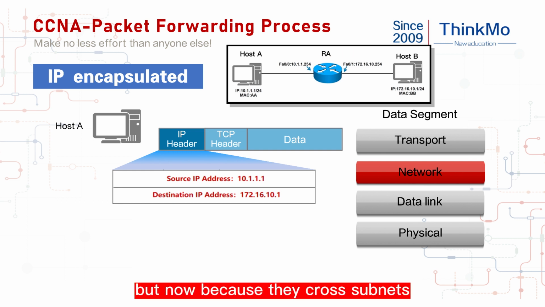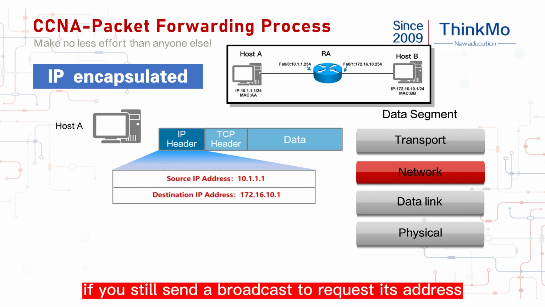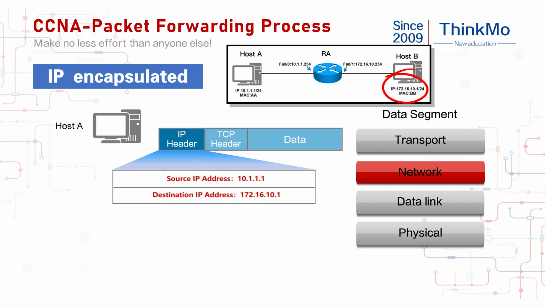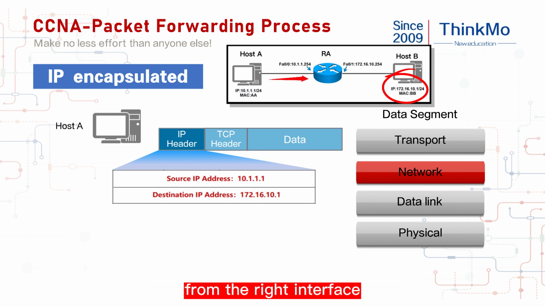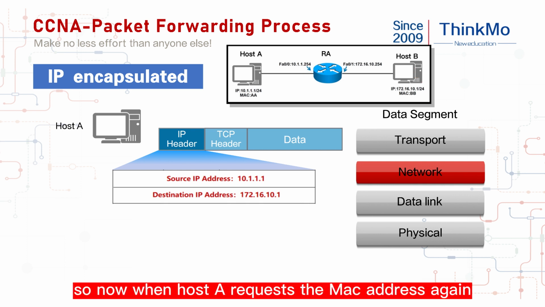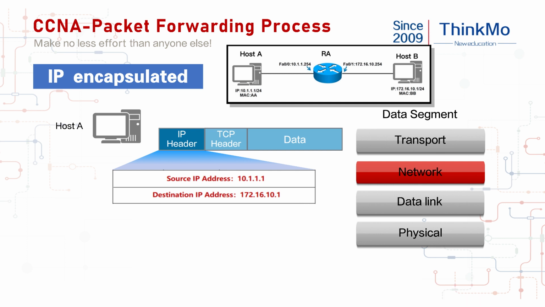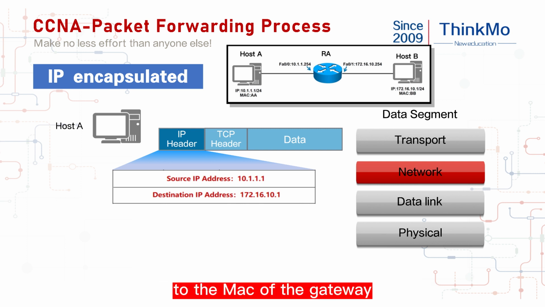But now because they cross subnets, ARP is a broadcast packet. If you still send a broadcast to request its address, this broadcast packet cannot be transmitted from the right interface through the left interface of the router. So when host A requests the MAC address again, it is actually requesting the MAC of the gateway. Now it is time to send an ARP broadcast request to the MAC of the gateway.